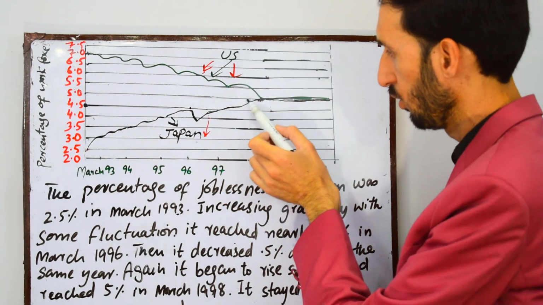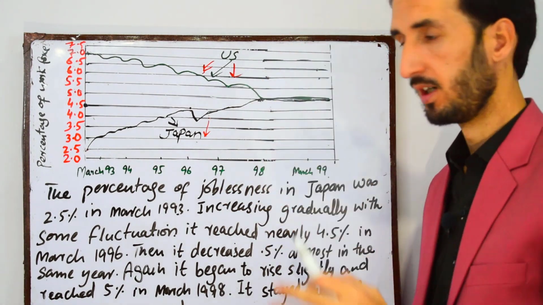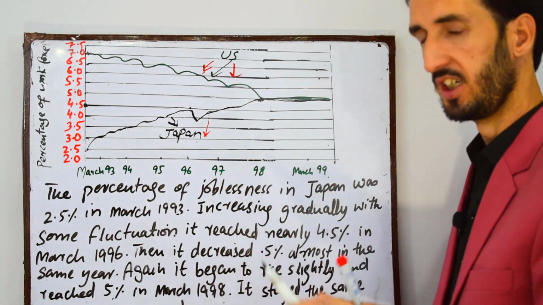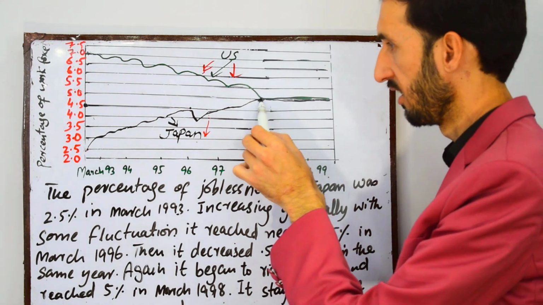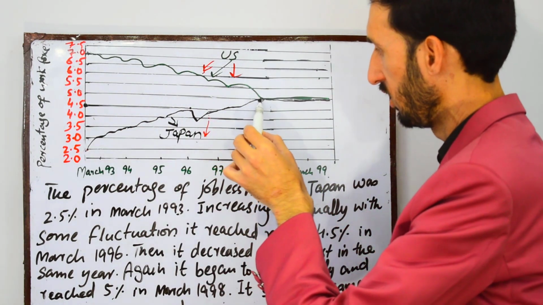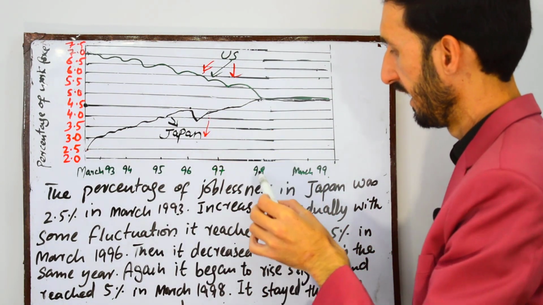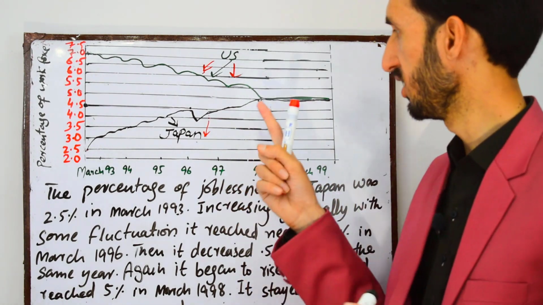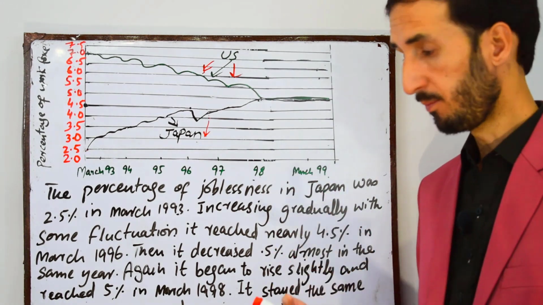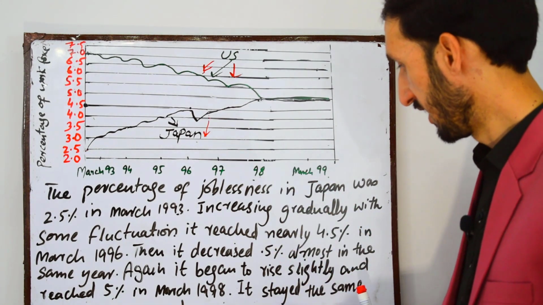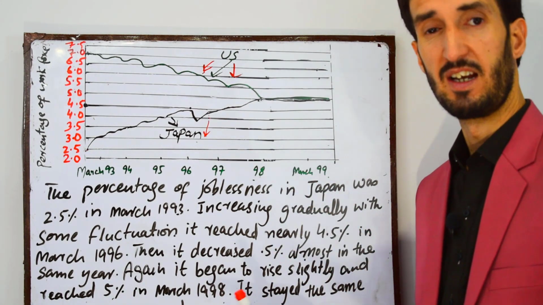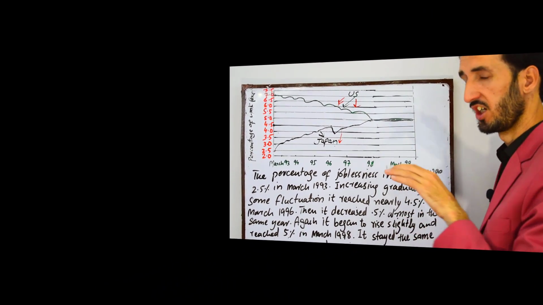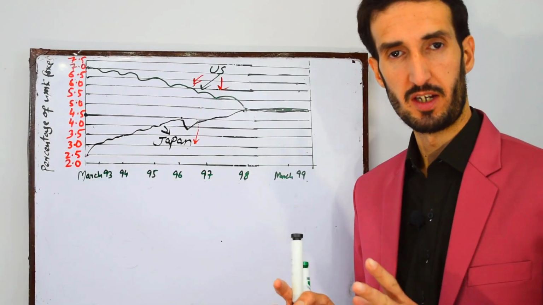Once again, it began to rise. It went up and then reached 5% in March 1998. This is 5%. It reached here in March 1998. And then what happened? It stayed the same till the very end. I mean, it didn't change. We have finished one body paragraph.